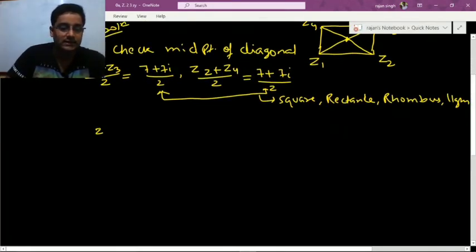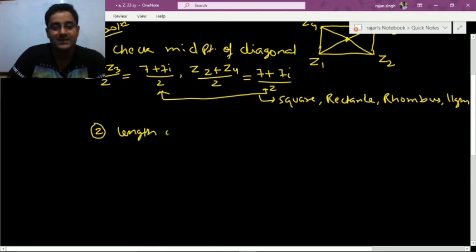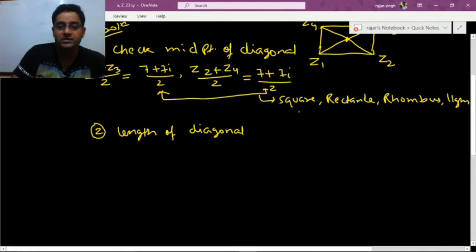Now the second step is to find the length of the diagonals. We have to find which of these 4 cases has equal length of diagonals.